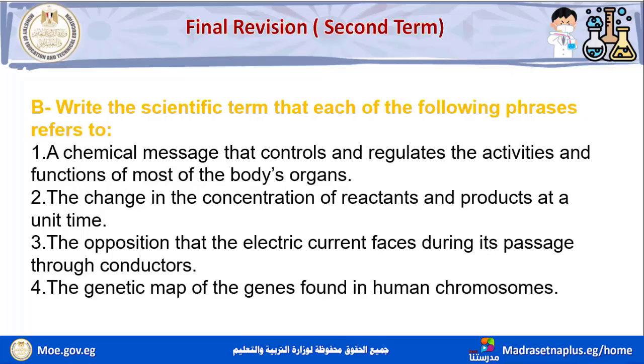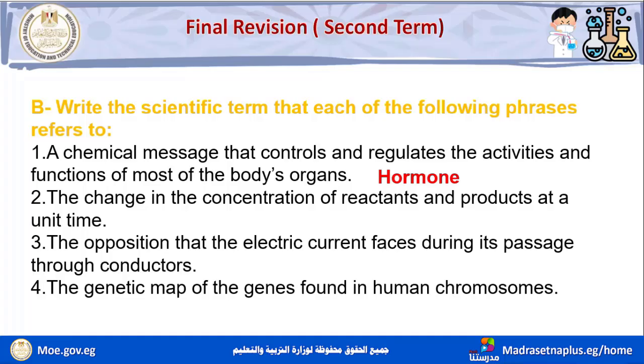Letter B, write the scientific term that each of the following phrases refers to. Number 1, a chemical message that controls and regulates the activities and functions of most of the body's organs.